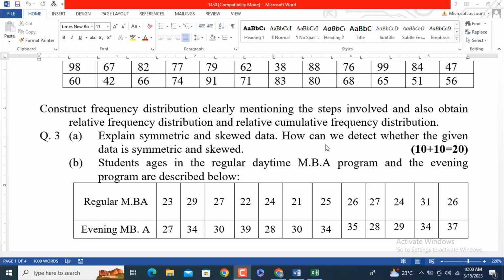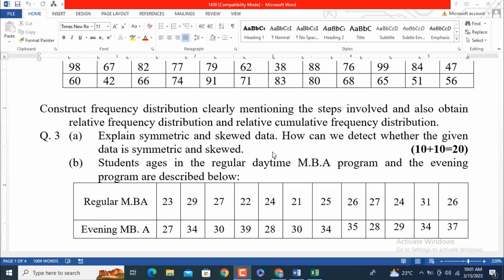How can we detect whether the given data is symmetric or skewed? I'm not going to go into more detail, I'm just giving you the outlook of this part A. Symmetric is that condition where the data has mean, median and mode all three equal, and if there is a disturbance in the three measures of central tendency, then there is skewness.